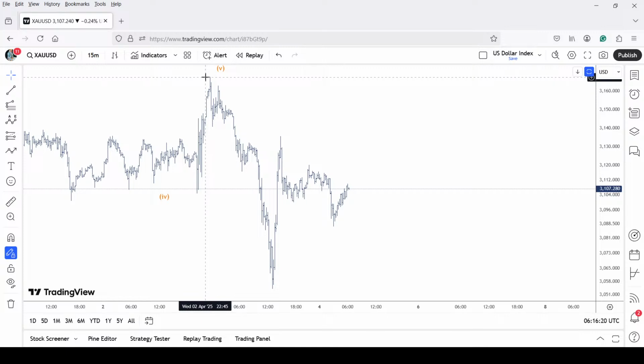Keep a very tight stop loss at maybe just about 3165, or we would allow some room for a new high to be in place. But I think a tight stop loss around 3165 would be better than allowing it another high.